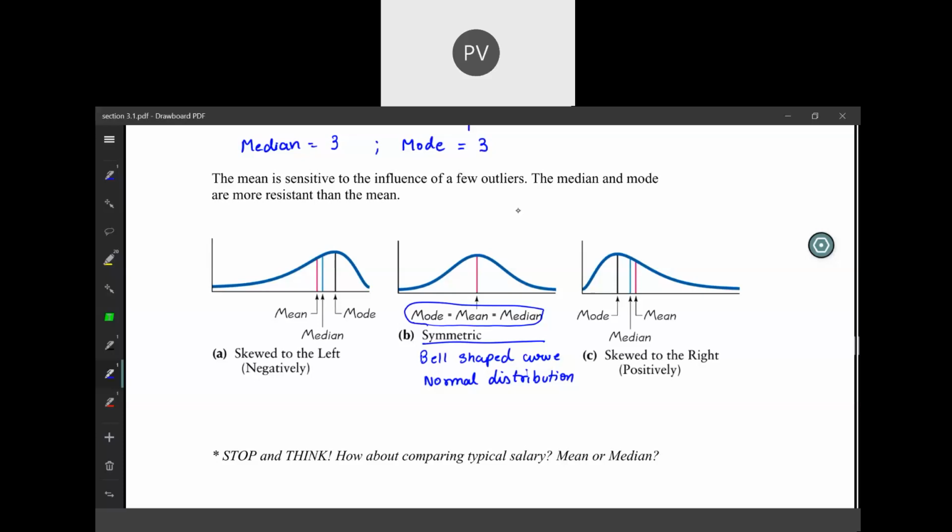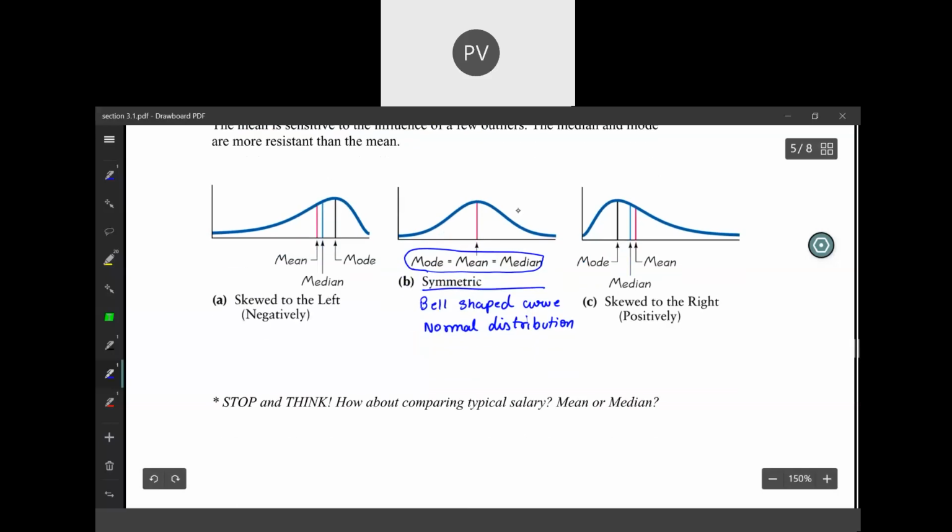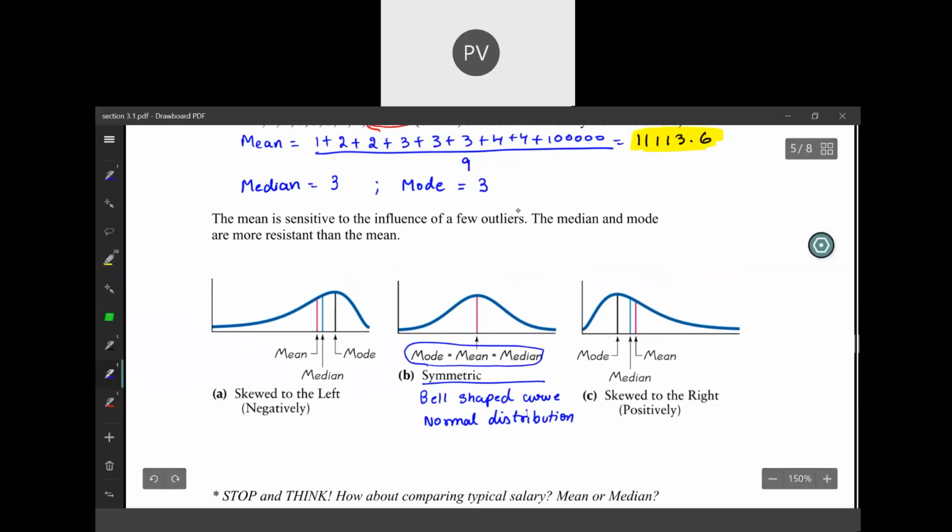So we can save time without computing the median and mode. There is no necessity to compute all three measures of center, and that's why we want it to be normally distributed.